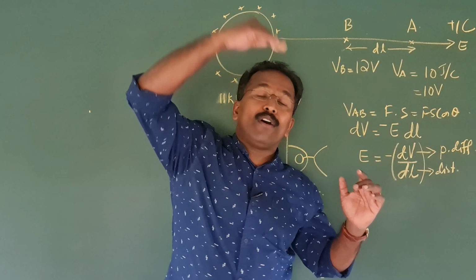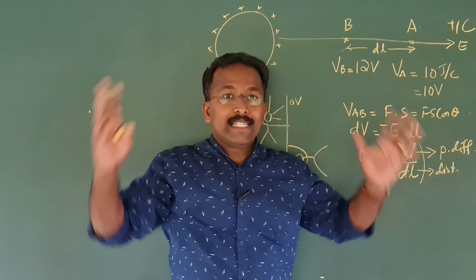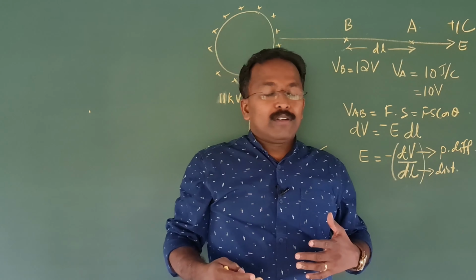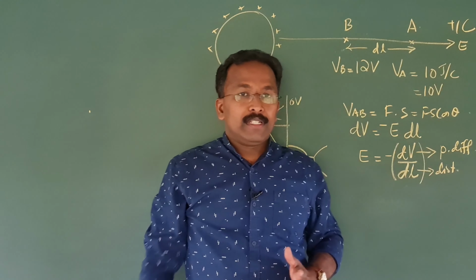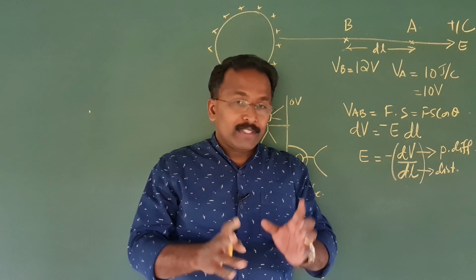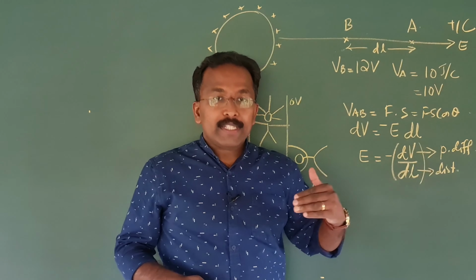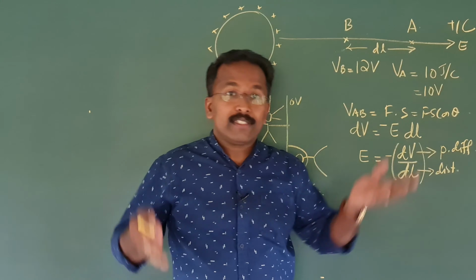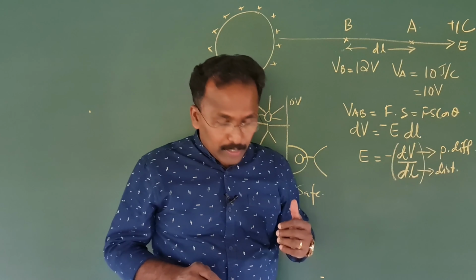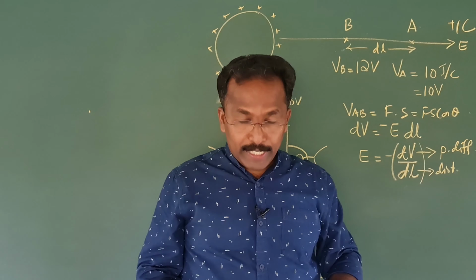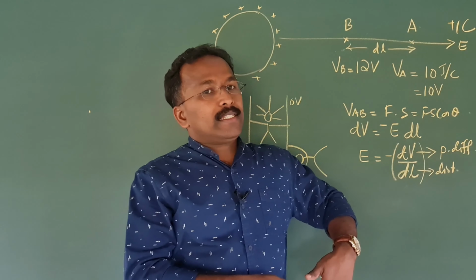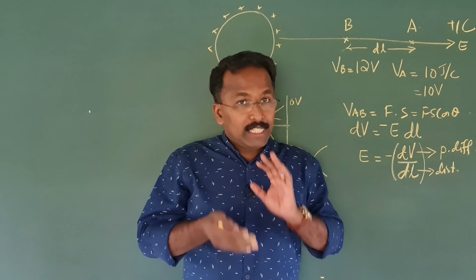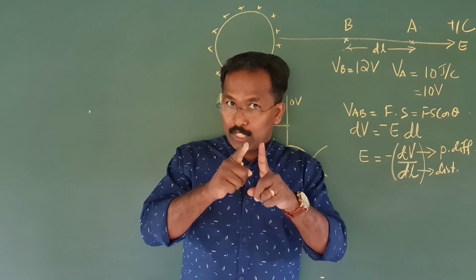When it falls on your bus, the inside of the bus will become a Faraday cage. You studied that. You are inside the bus. There is no electric field inside. The problem is the bus will be raised to a potential of 230 volt, or if it is an 11 kV line, to 11,000 volt. The moment you step down into the ground, one leg is at a higher potential and the other leg is at 0 potential, there will be potential difference and you will get a shock.